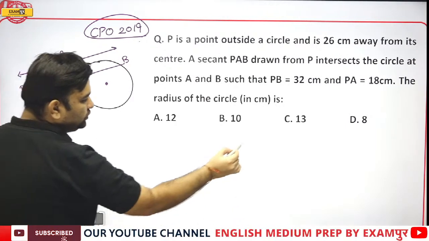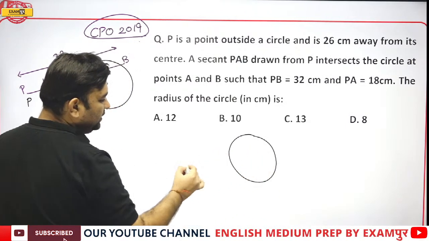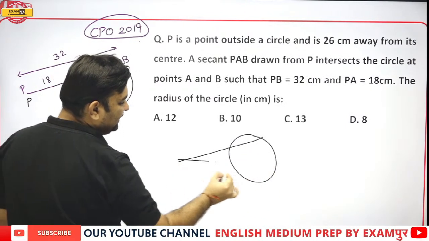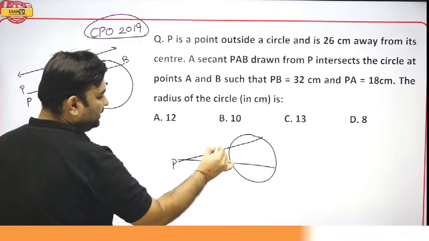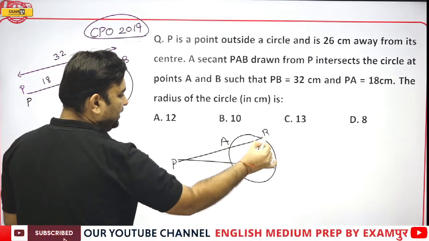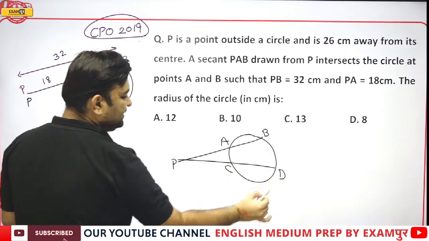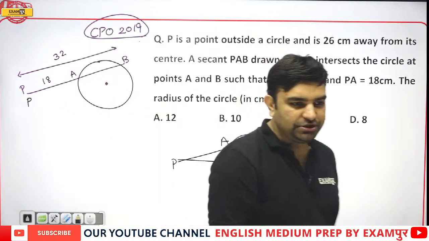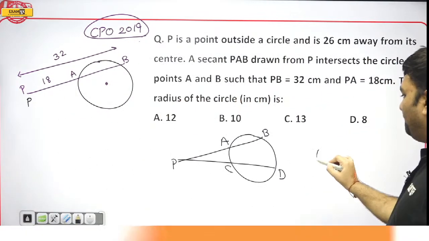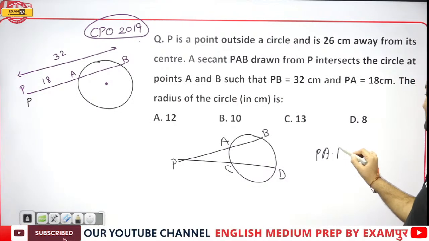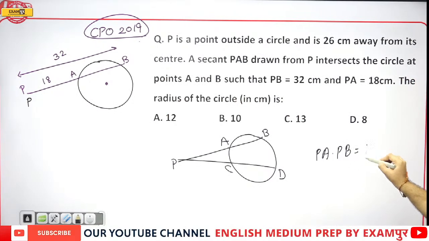Whenever you draw 2 secants from outside, if one secant is PAB and another is PCD, what is the relation? PA into PB is equal to PC into PD.